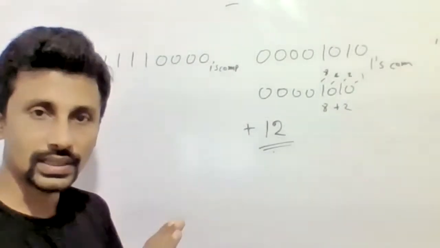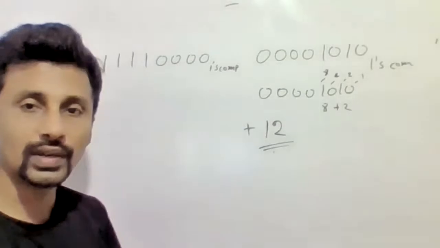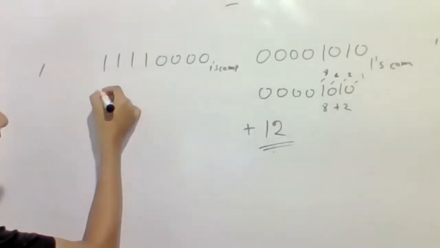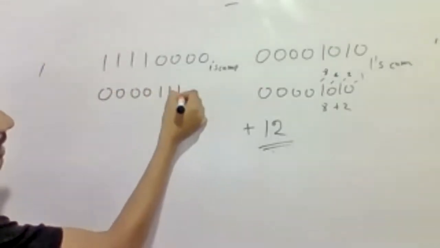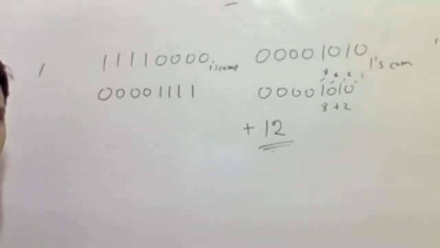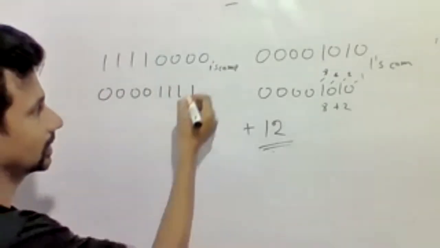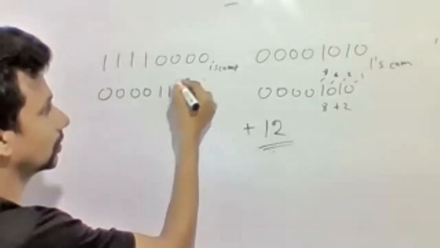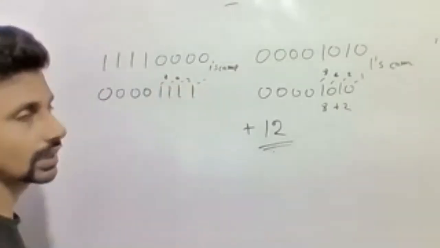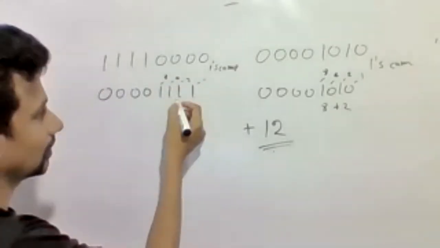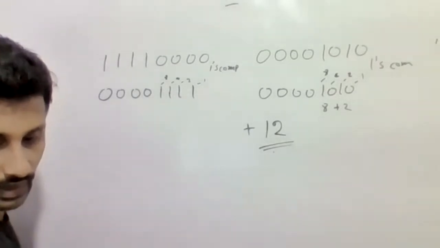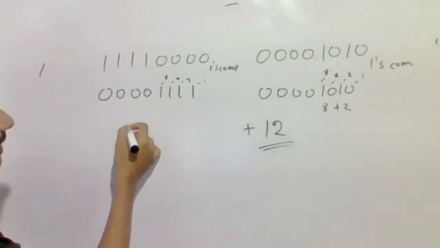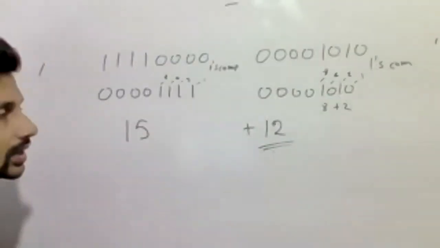So first thing is you have to flip the bits: 0 0 0 0 1 1 1 1. Now convert it to decimal, with 1 2 4 8. Here you are getting 1 plus 2 plus 4 plus 8, you add them all. So you are getting the value 15.